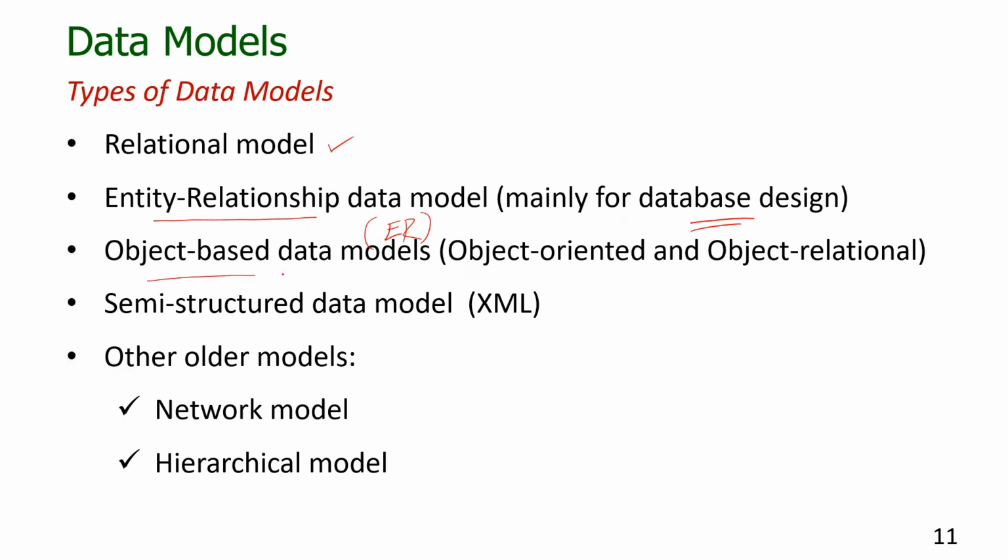Then we have object-based data models, which are a combination of object-oriented and object-relational. Then we have the semi-structured data model. The example is XML, Extensible Markup Language. We also have other older models, the network model and the hierarchical model. In upcoming lectures, we will discuss all these data models in detail.